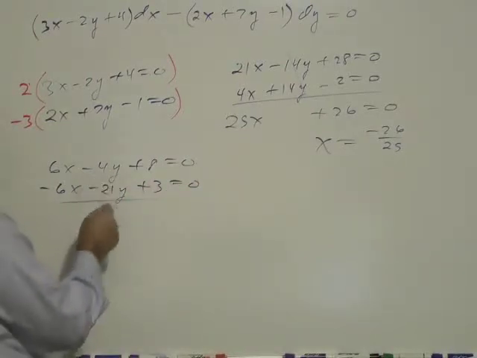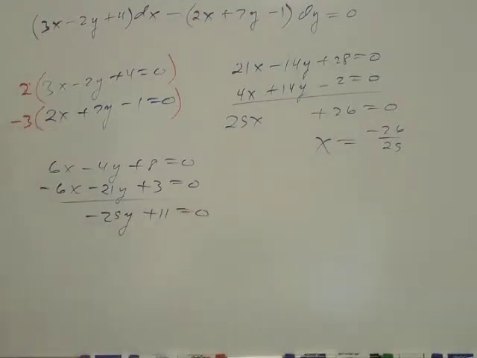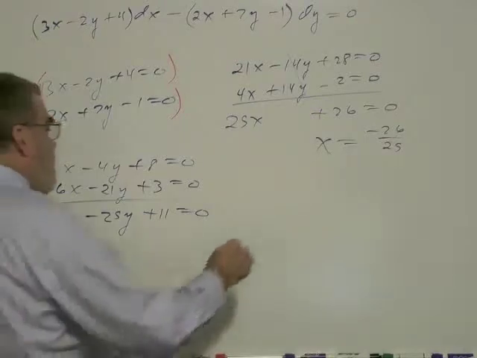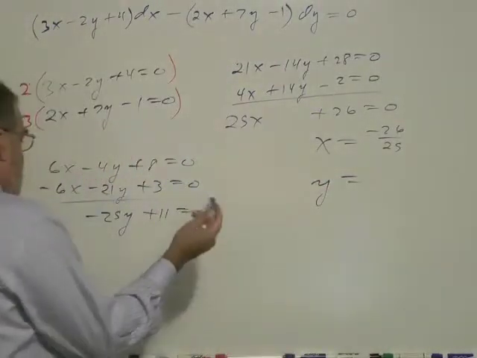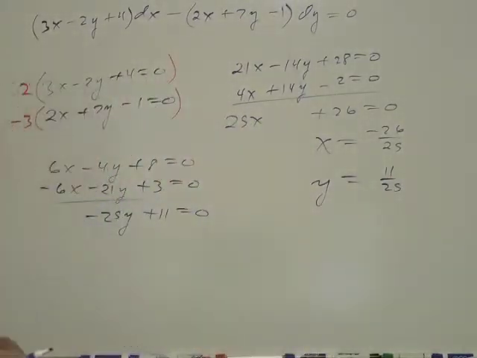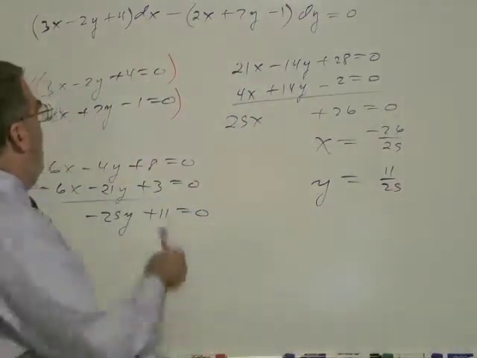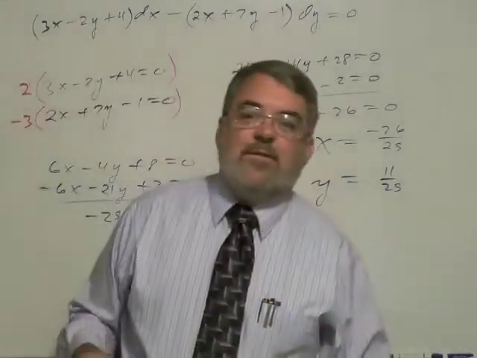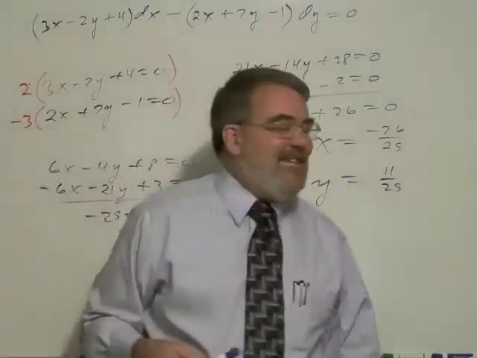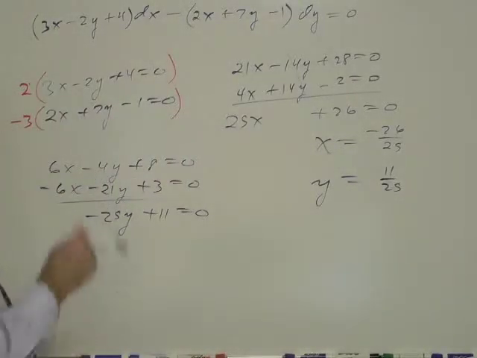When we add them, I've got minus 25y plus 11 equals 0. And so solving for y, we'll get 11/25, won't we? There we go. It's not a coincidence that we have the same denominator, 25. That doesn't always happen when you have integer coefficients in a system of equations, but it usually happens. It's a pretty common thing to occur for all kinds of great reasons.